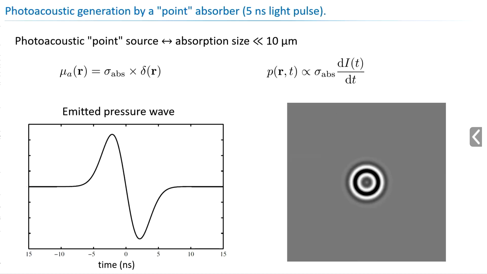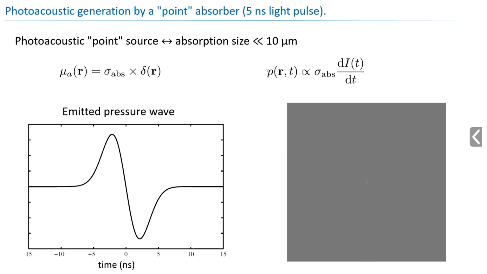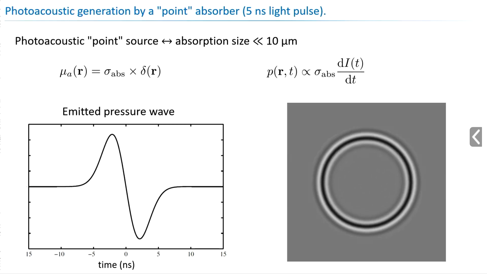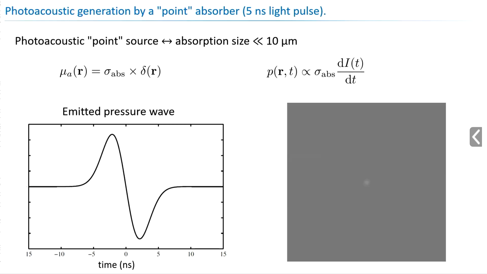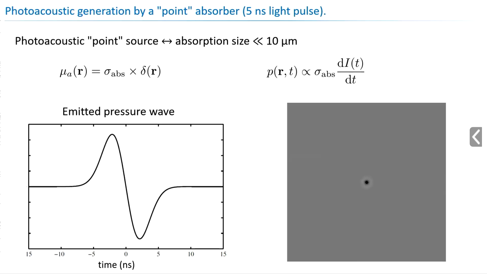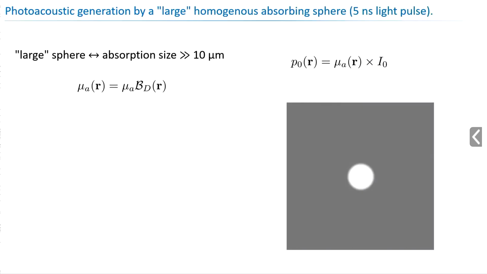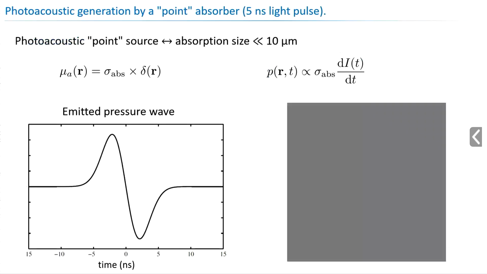What's happening if you send a nanosecond pulse, a pulse of intensity, what you can demonstrate by working on this equation is that you get a signal which is the time derivative of the nanosecond pulse. So interestingly, from a positive monopolar pulse of intensity, when you take the time derivative, you get a bipolar wave.